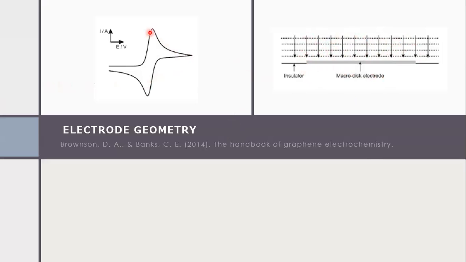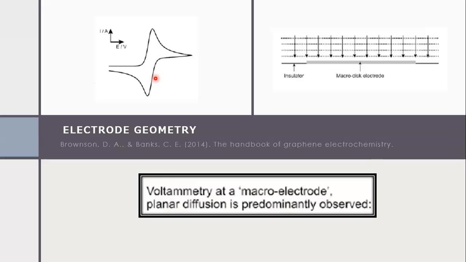And you get this nice reversible voltammogram with symmetry. So it's very nicely shaped, and you can easily differentiate the reversibility or irreversibility of the chemical reaction that's taking place. I'm going to discuss it in detail in potential sweep methods. So basically, planar diffusion is predominantly observed when you use a macroelectrode.